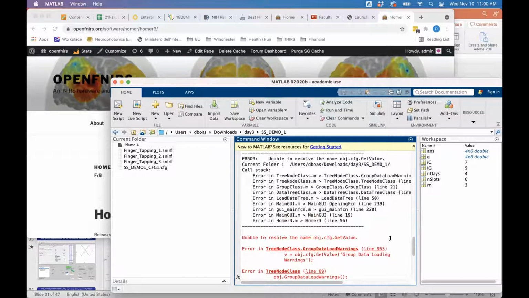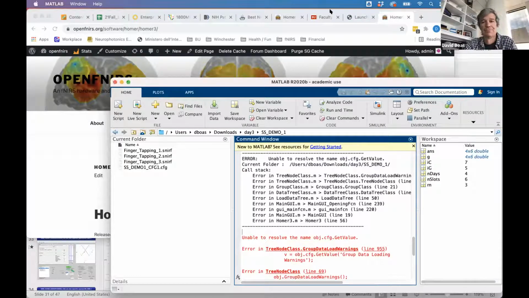Sorry guys, that is funny. I'm shutting down MATLAB. I'm just going to restart MATLAB. Are other people having that problem? I was able to get mine to open up. I had the same problem, and restarting MATLAB and setting my paths again fixed it. Okay, hopefully that works for you too.